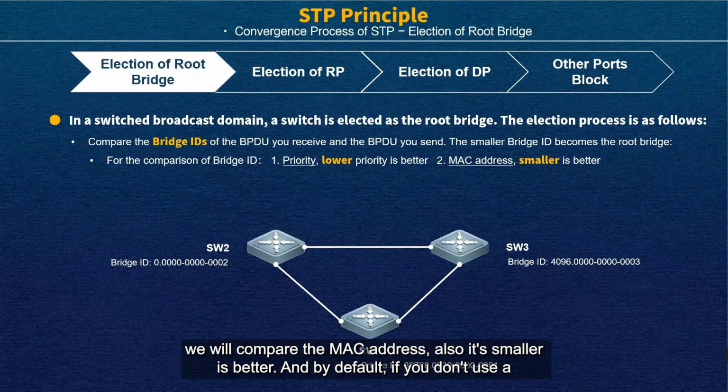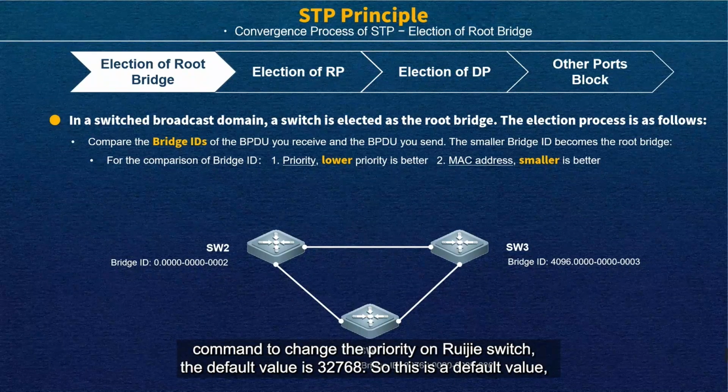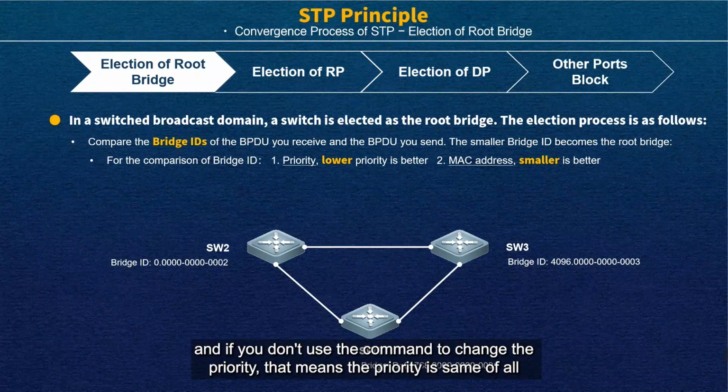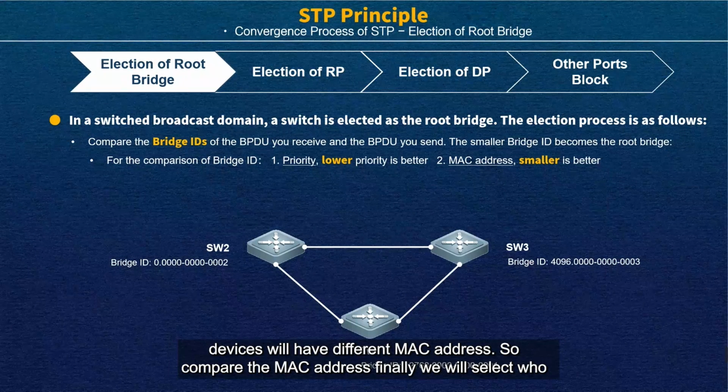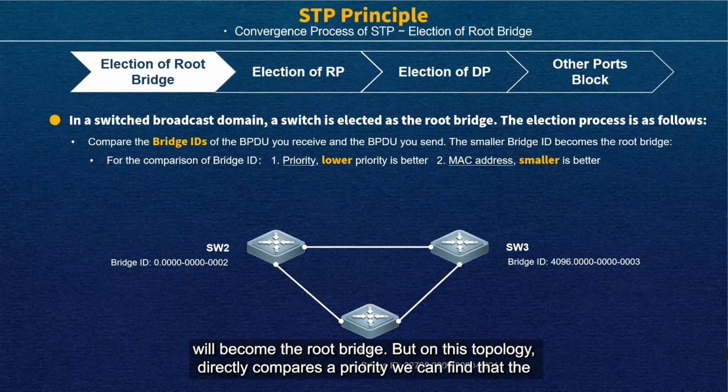By default, if you don't use a command to change the priority on the switches, the default value is 32768. So if you don't change the priority, the priority is the same on all the switches. Then we compare the MAC address. But MAC addresses are unique, right? Different devices have different MAC addresses. So by comparing the MAC address, finally we select who will become the root bridge.